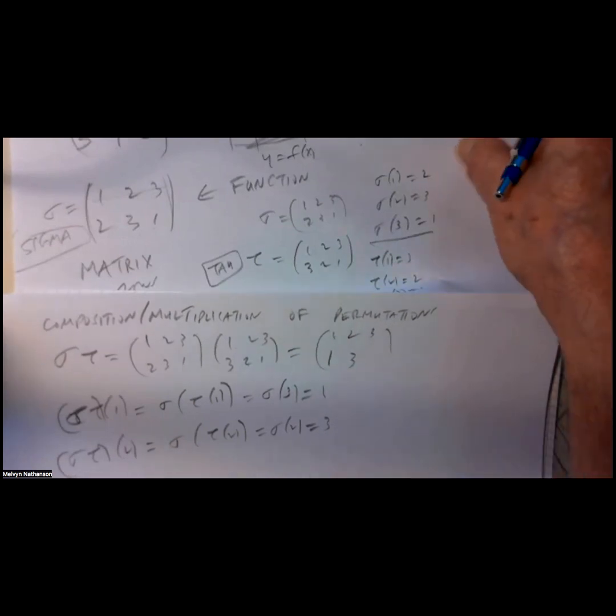What is sigma tau of 2? That's sigma of tau of 2. Tau of 2 is 2. Professor, can you move up a little bit? Yeah, thank you. So that's sigma of 2. Sigma of 2 is 3. So sigma tau sends 2 to 3. What is sigma tau of 3?